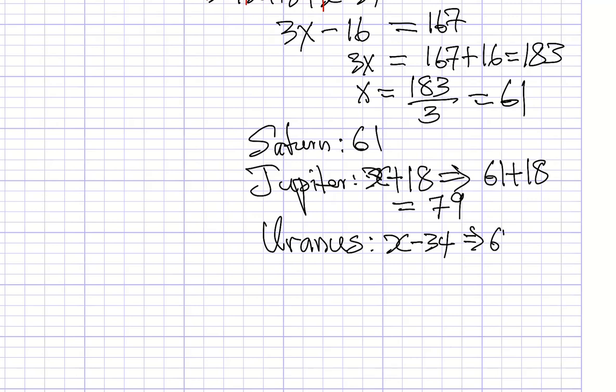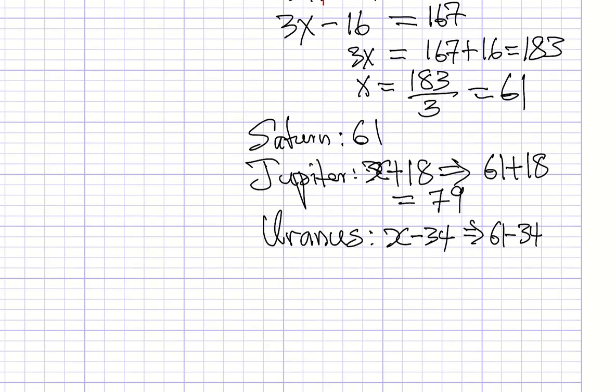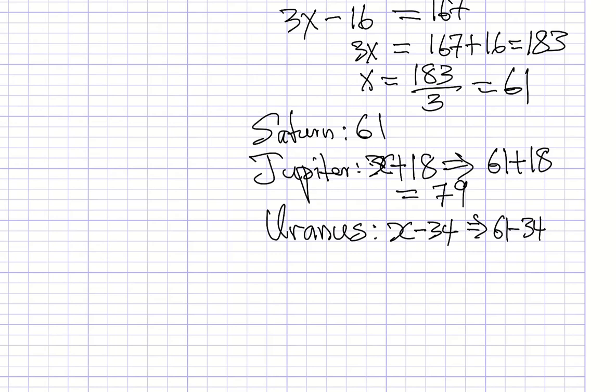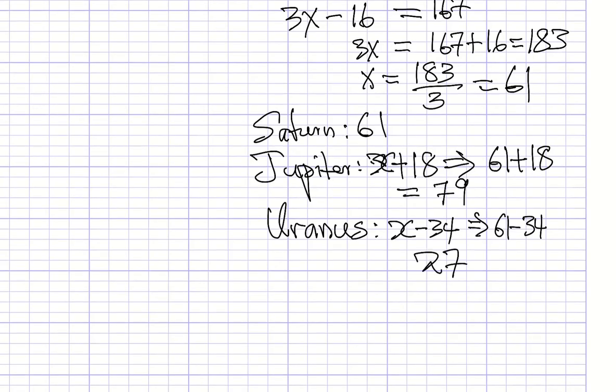X is 61 minus 34. 61 minus 34 will give you 27. So Uranus has 27 satellites. Jupiter has 79. Saturn has 61.